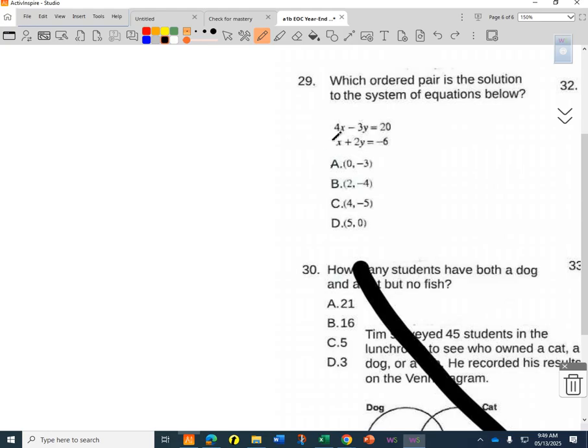So the easiest thing to do, this is a 4x. Is there something I can multiply this equation by so it would be the opposite of positive 4x? What can I multiply it by? Negative 4, that's right. So my first equation, I'm going to bring it over, and then I'm going to multiply everything in this equation by negative 4.